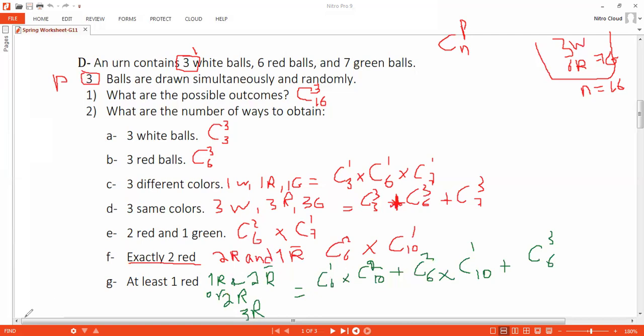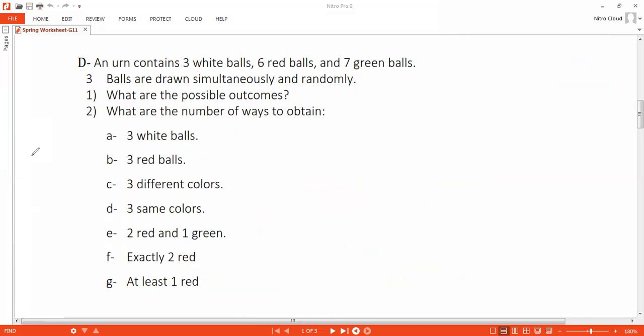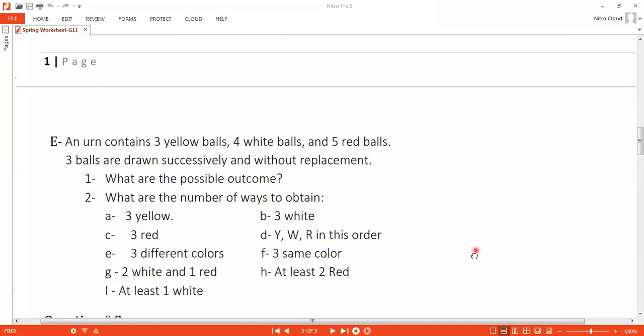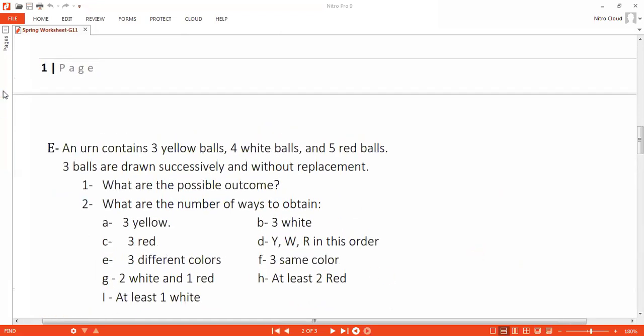Now let us go to the other exercise. In this exercise, we have successively and without replacement. What does successively and without replacement mean? I have to use A. Also, we have an urn.